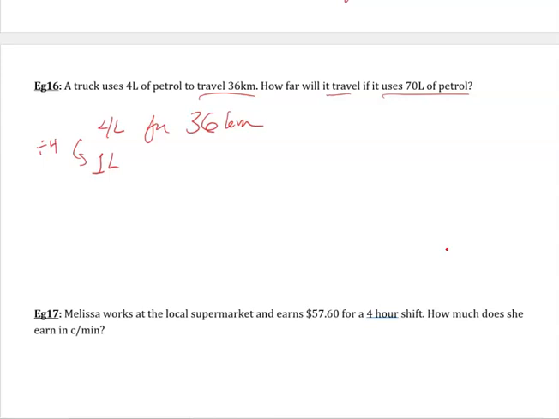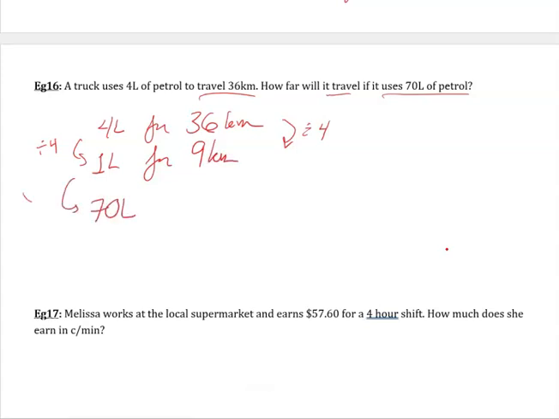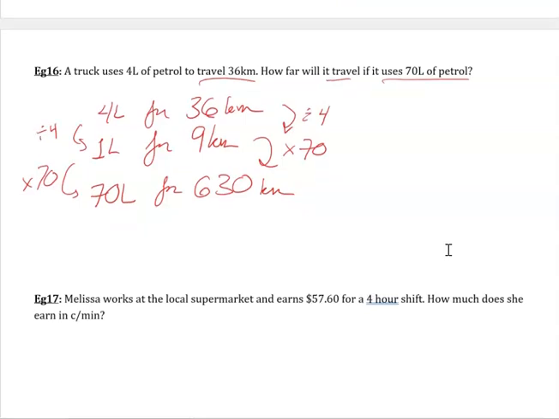For that, I would divide by 4, and for 1 liter, we can get 9 kilometers. So for 70 liters, times 70, we get 630. That makes sense, because if 1 liter is 9 kilometers, 7 liters would be 63, 9 times 7, and just multiply by 10 again.